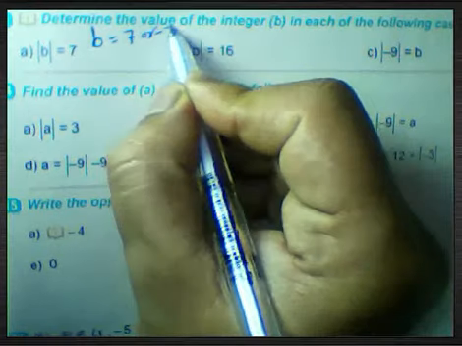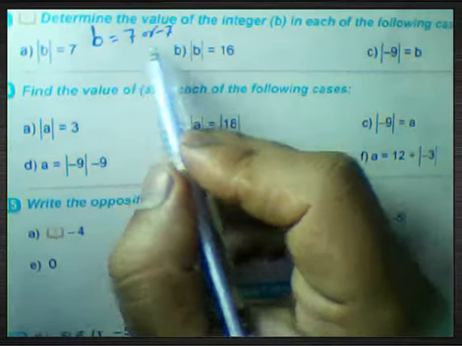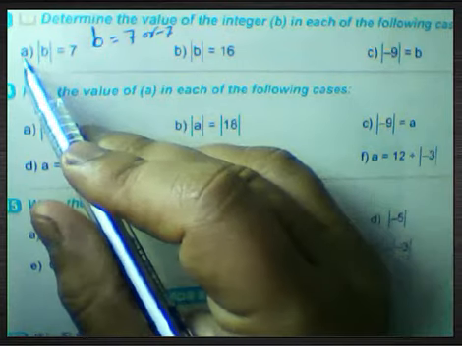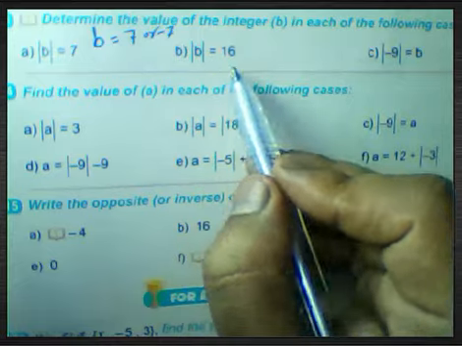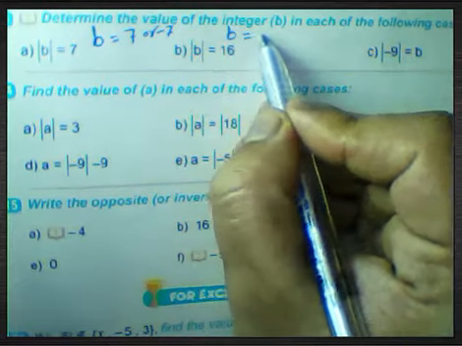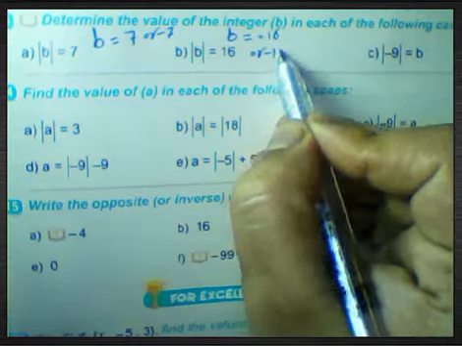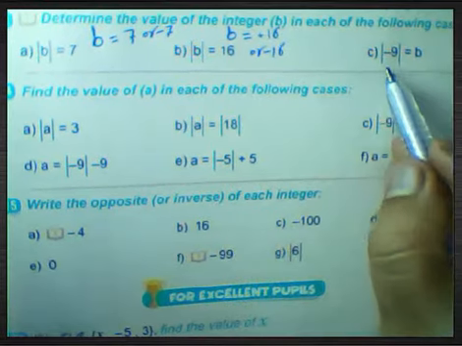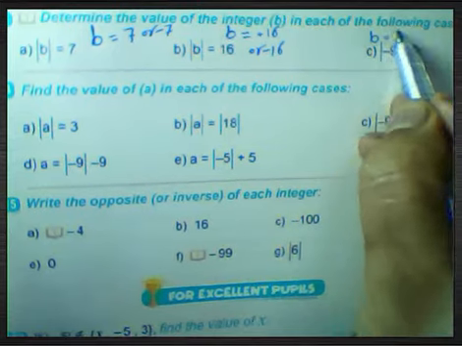We have to answer question A, okay? Letter B, absolute value of b equals 16, so b equals positive or negative 16. Absolute value of negative 9 equals b, so b will be 9.